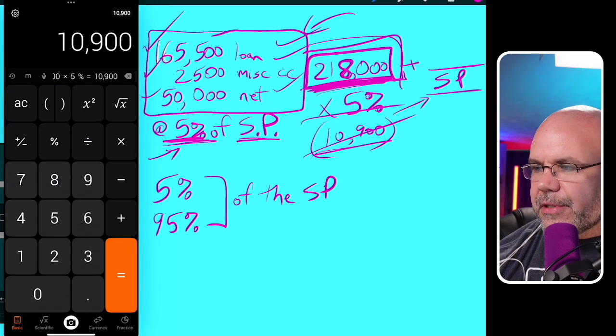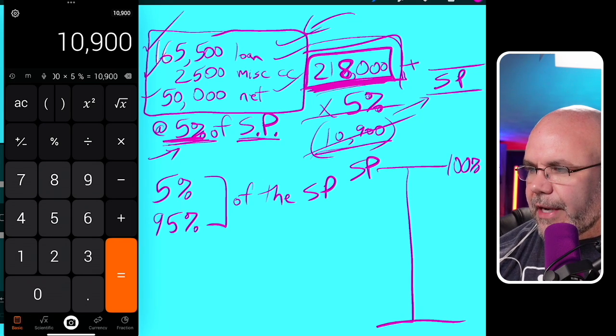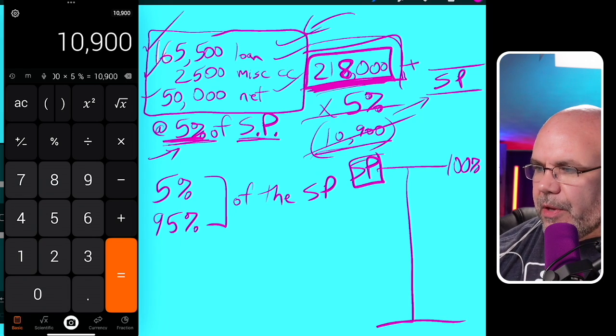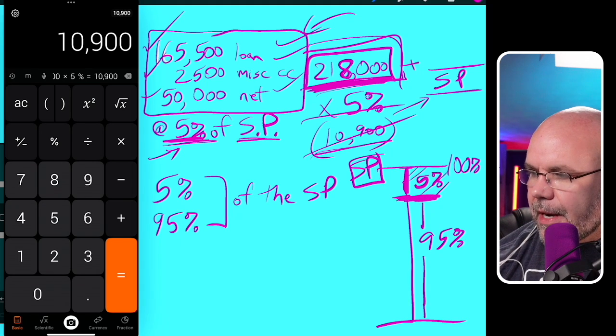So the entire sales price, if we look at it like a thermometer, is 100% of itself, right? This is the sales price of whatever it is. You're getting 5% off the top of that. 5% to the agent, that's you. And then 95% that's left over is what the seller is getting, right?